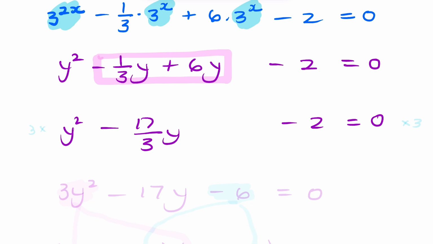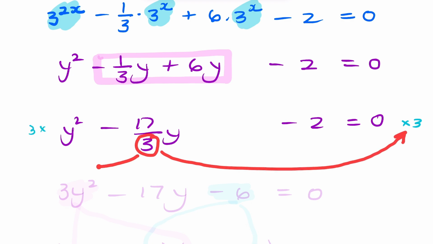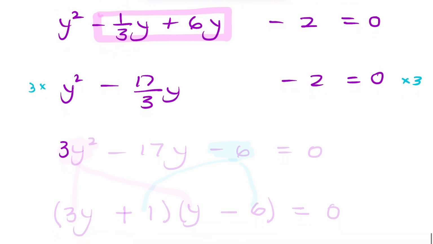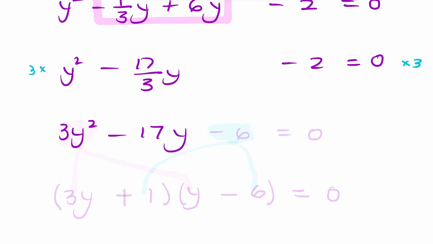I'm going to attempt to factorize this. So I'm going to multiply both sides by 3. So that'll give me 3y squared minus 17y minus 6 equals 0. And I can probably factorize that.